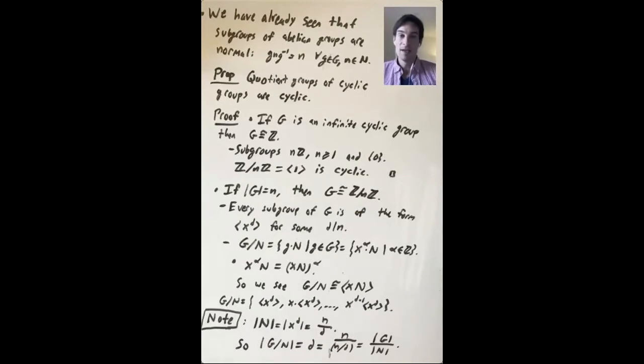So what does that mean? Inside an abelian group, you can take the quotient by any subgroup. In particular, cyclic groups are abelian, so you can take the quotient by any subgroup. And we already proved that subgroups of cyclic groups are also cyclic. So what do those quotients look like?